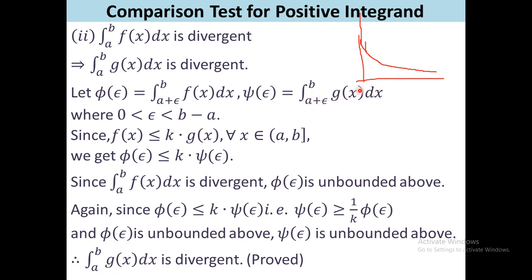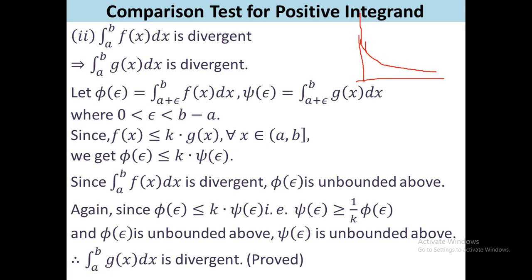Because if g(x) is convergent, then the limit of psi of epsilon must converge, that is, it has to be bounded above. Or otherwise you can use the test for positive integrand.